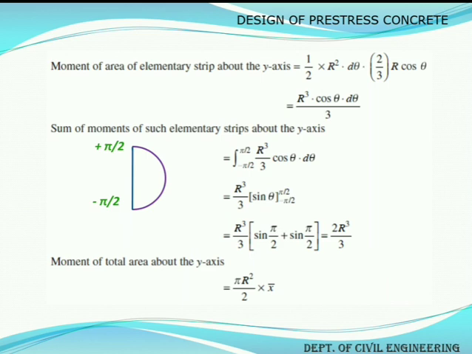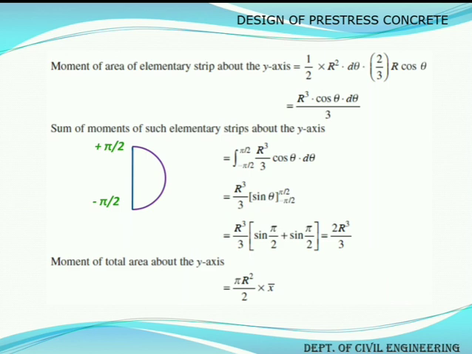Now with this limit, what do we have to integrate? The moment of a single elemental area. If we integrate with the upper limit pi by 2 and lower limit minus pi by 2, we will get the moment caused by all such elemental strips in that semicircle.